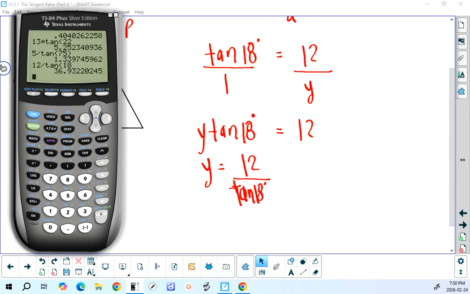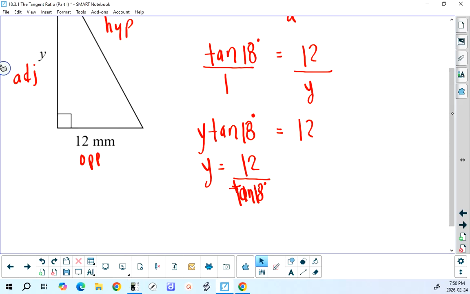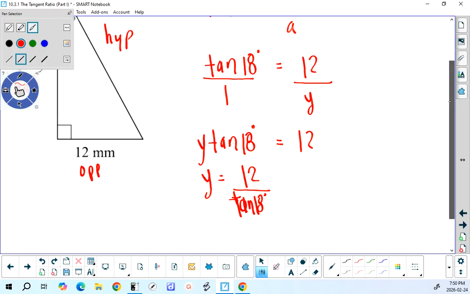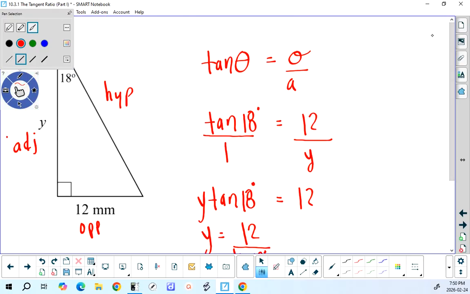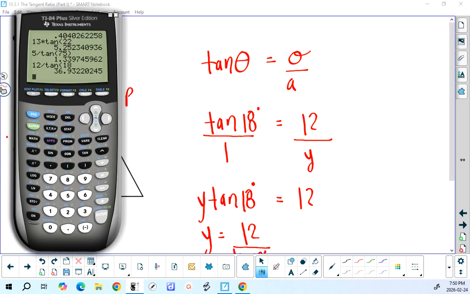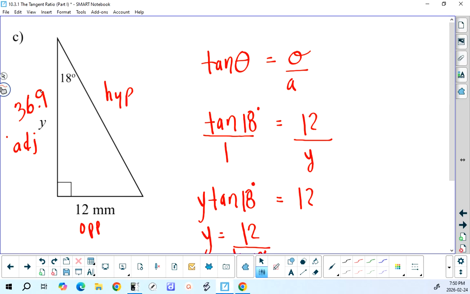About 36.9. And again, looking at the diagram, I think that's reasonable. What did I say, 36.9? Yeah, I think that's reasonable. Looking at the fact that this is 12, yeah, that looks like it could be about 36.9.